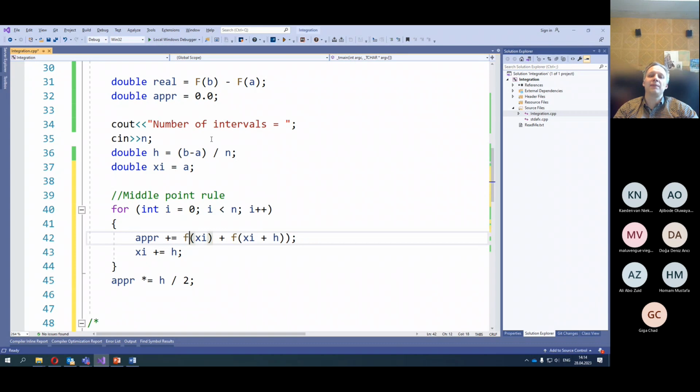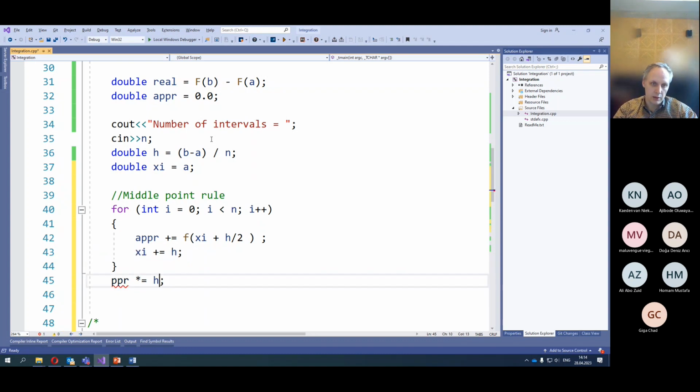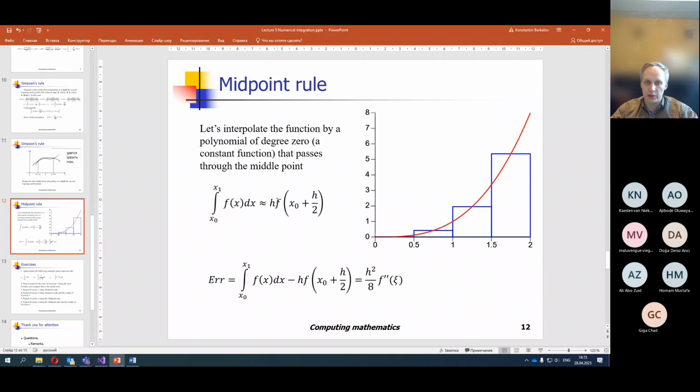If the step is h and the current point is xi, then the middle point will be xi plus h over 2. Then we should move the point xi and finally multiply the value of the sum times h, because h is a common coefficient of these terms.